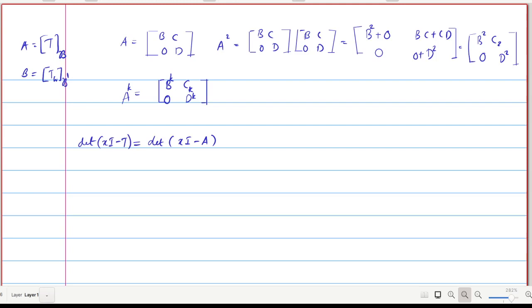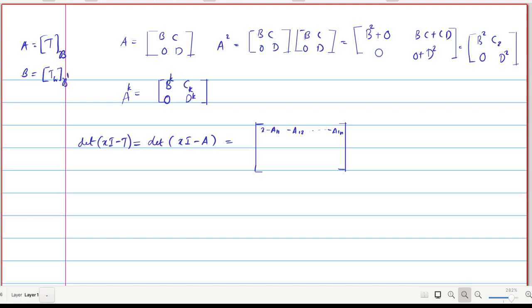This is the matrix xI minus A. Here we have x minus a11, minus a12, etc., minus a1n.